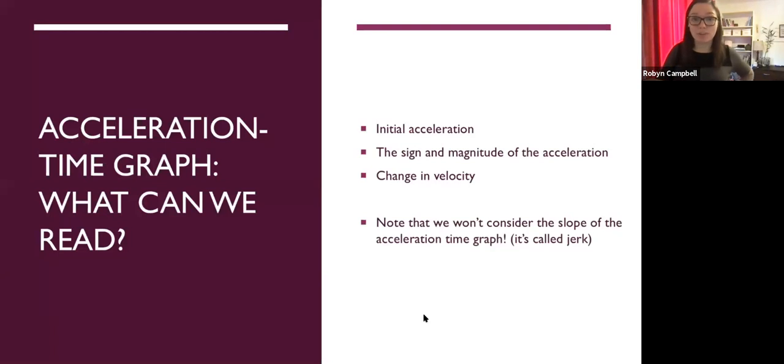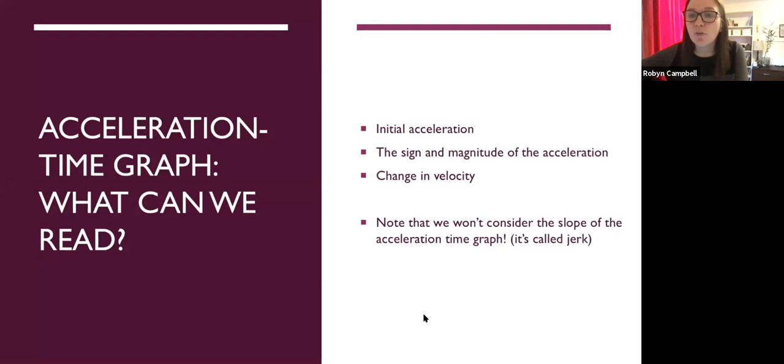Okay, so just a quick word on acceleration time graphs. Obviously, initial acceleration is something that you can read on it, the sign and magnitude of the acceleration, and also we can work backwards here, right? We can find the change in velocity just like we went from velocity to displacement.